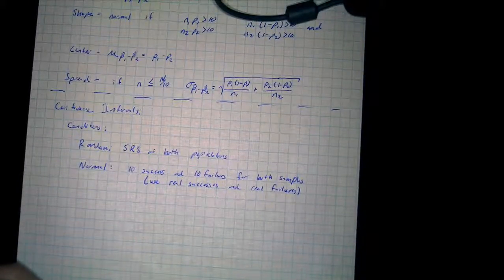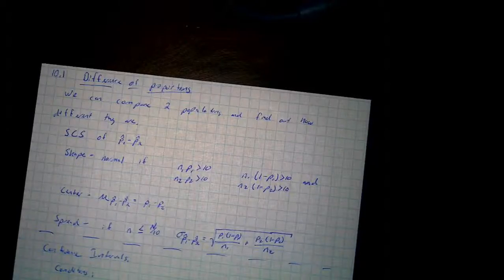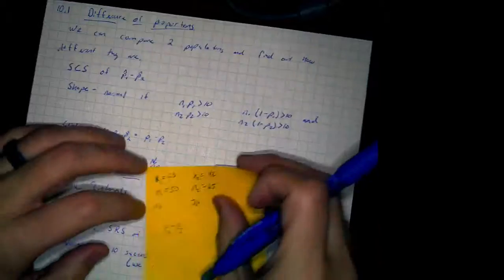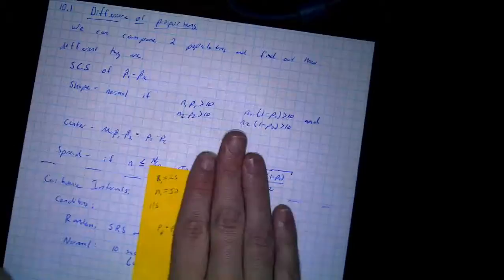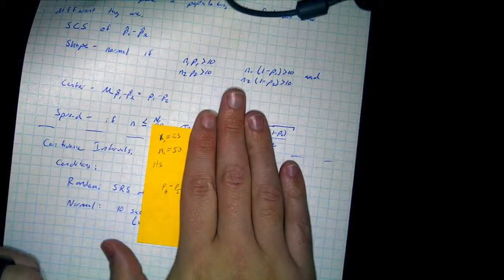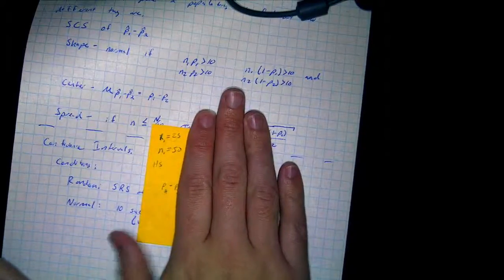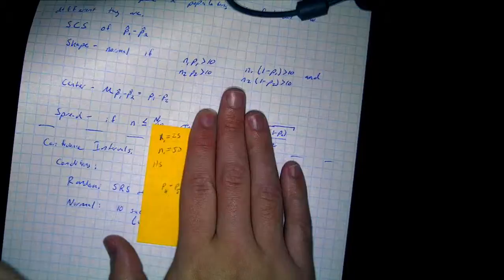Yes, ma'am. Were we not doing that for the last one? For the last chapter, you were only doing it for one proportion. So for the last one, someone's claiming that 65% of high school students like Crispitos, and you found that 23 out of 50 like them. What's the probability that less than 65% like them?